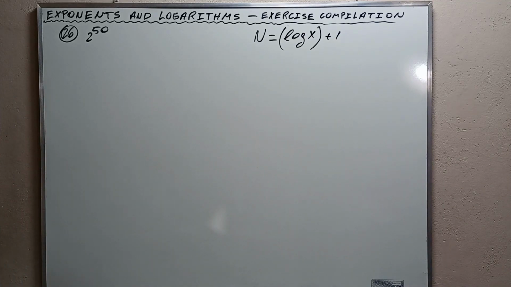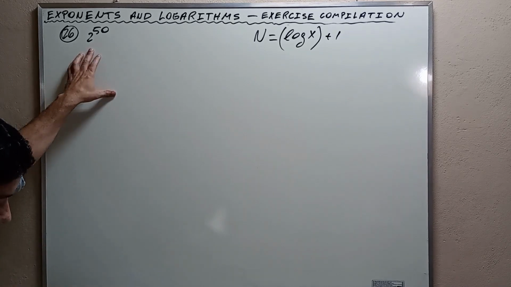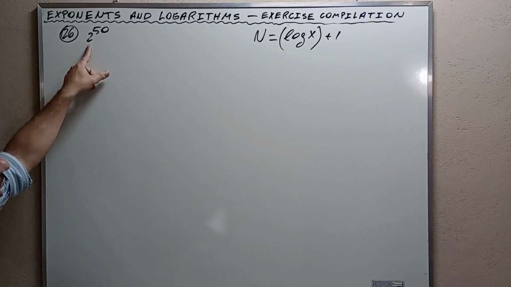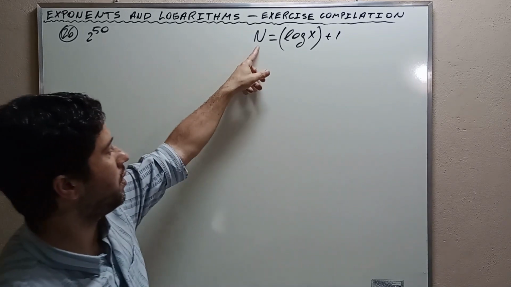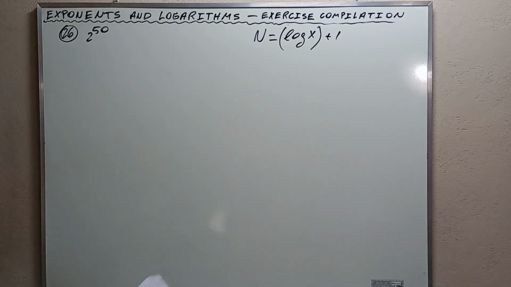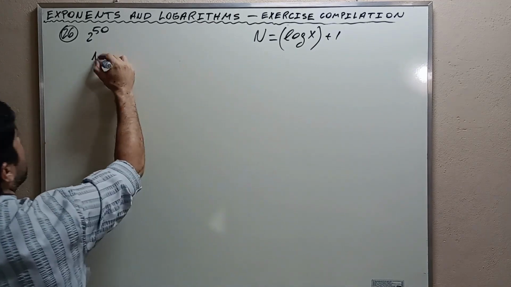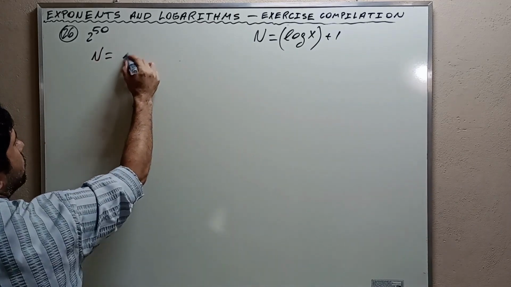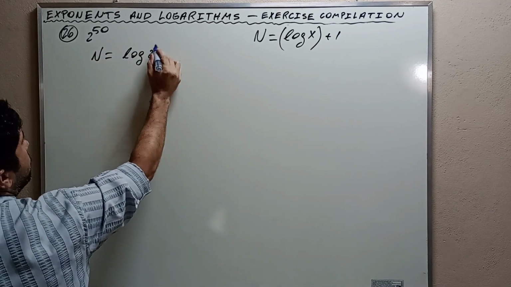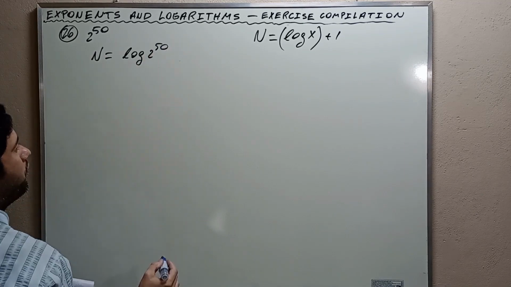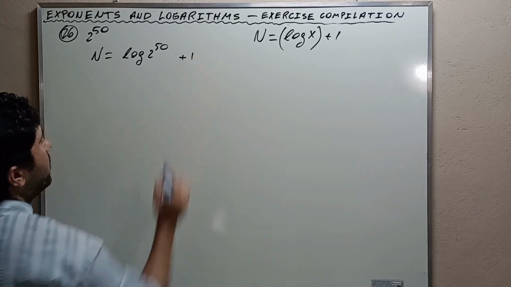In which x is the number, and n is the number of digits the number has, okay? Consequently, n is equal to the logarithm of 2 raised to the power of 50 plus 1.